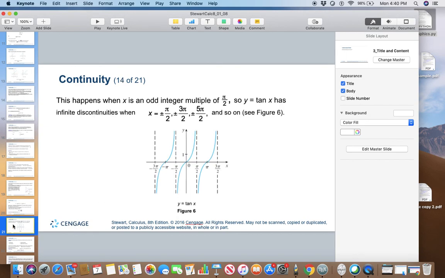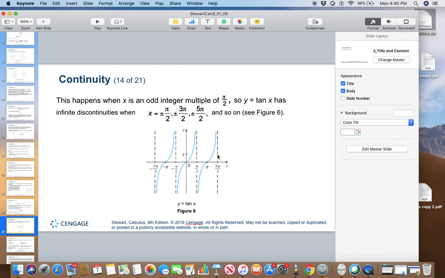So tan has to be continuous except when the denominator goes to 0. Okay, so look at tan. The denominator goes to 0 at pi over 2, 3 pi over 2, 5 pi over 2, and so on. Negative pi over 2, negative 3 pi over 2. So at all those numbers, it has infinite discontinuities. Otherwise, tan is quite continuous.